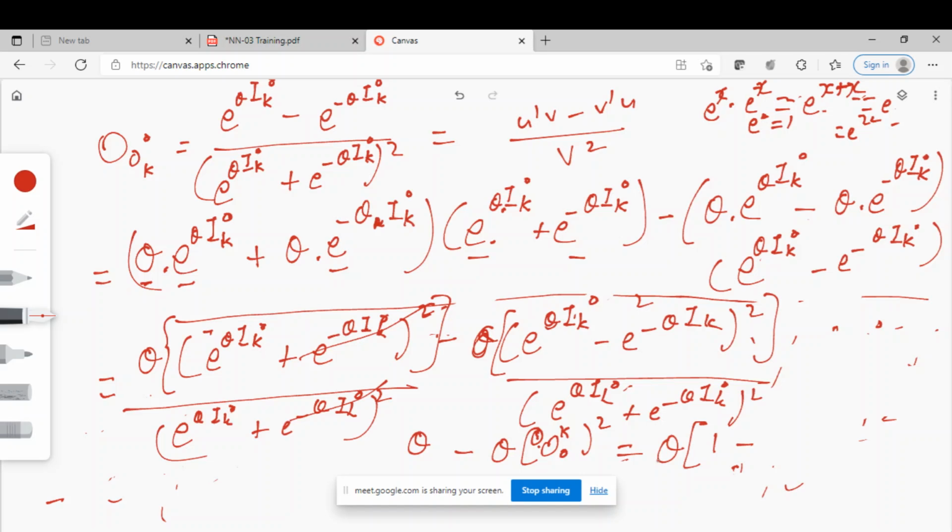Similarly, you have to do for V also. V is the weight in the other end. If you recall, V represents the weight matrix between the input layer and the hidden layer, and W represents the weight matrix between the hidden layer and the output layer. So the same task should be repeated for the V matrix also.